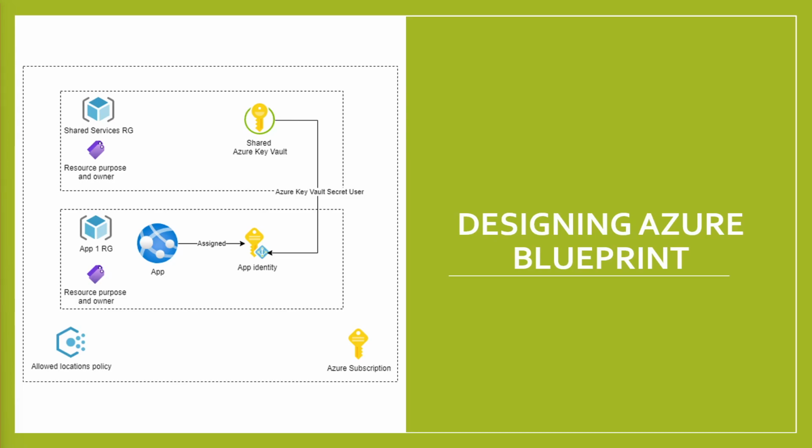There's also going to be tagging applied with the resource purpose and owner on the two resource groups that we see here. From a subscription level, there's going to be an allowed locations policy being applied. Azure Blueprint does allow us to have that capability. So let's go ahead and take a look at the next slide.